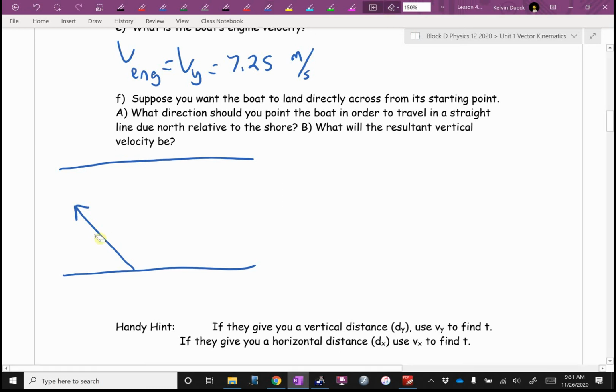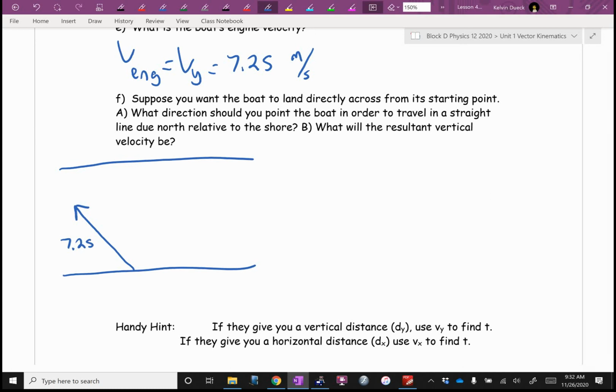Oh, and you know what? I know how fast this arrow is. This is which way I'm pointing the boat, which means this is which way the boat motor is pointing, which means this is going to be 7.25 meters per second. What else do I know?